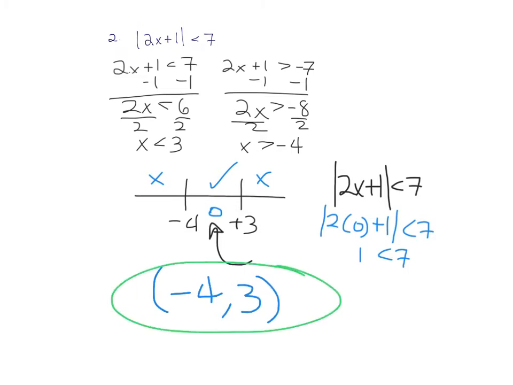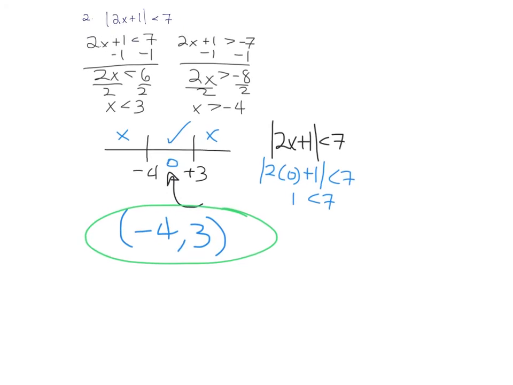Now, the other way you can come up with your interval notation is you could graph them. So what you could also do is create a number line. And this is probably what you did in Algebra 1. Put the numbers on the number line. Okay, so I'm going to put my numbers on my number line, and I'm going to graph each one individually. So this one here, x is less than 3, would be an open circle on 3 going this direction.